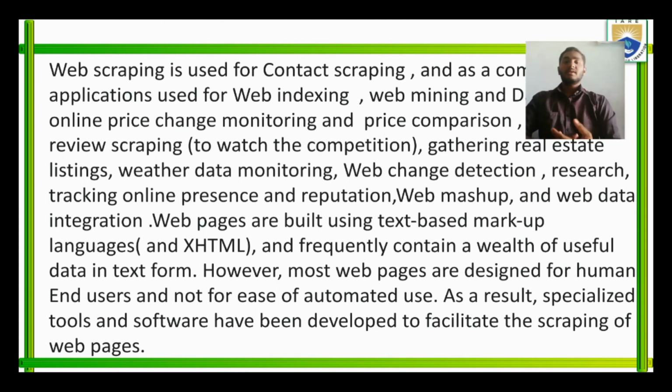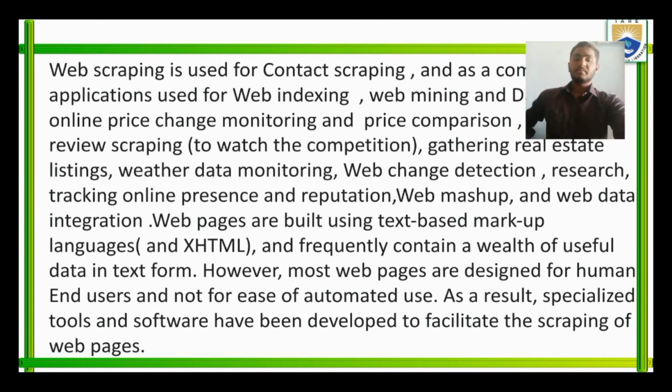Web pages are built using text-based markup languages such as HTML and XHTML, and frequently contain a wealth of useful data in text form. However, most web pages are designed for human end users, not for ease of automated use.